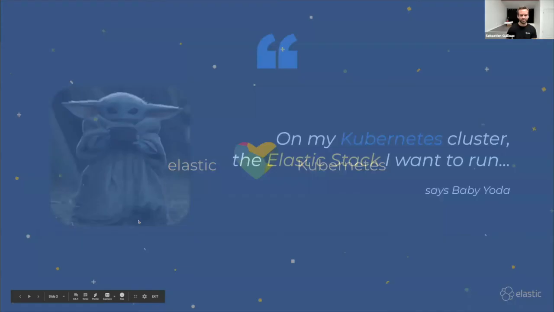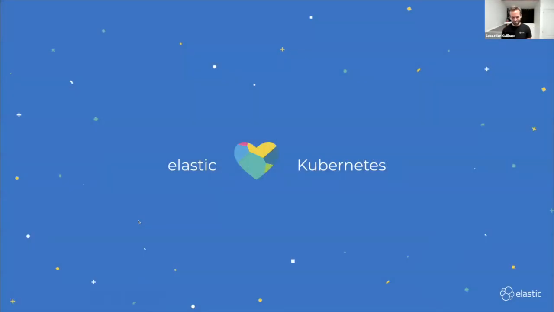All right, all good. So at Elastic, we have a little bit of history with Kubernetes. You may or may not know, but for the past few years, we've been working very close to Kubernetes and the Kubernetes community. One of the first things we did is some official Helm charts for the Elastic stack on Kubernetes.